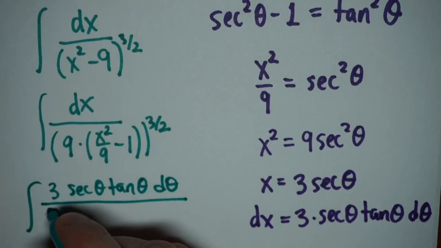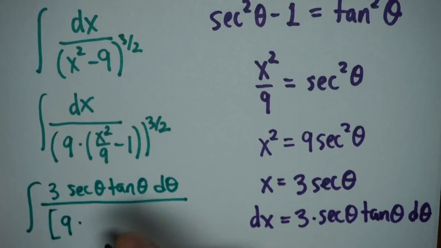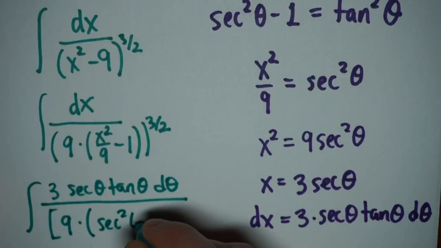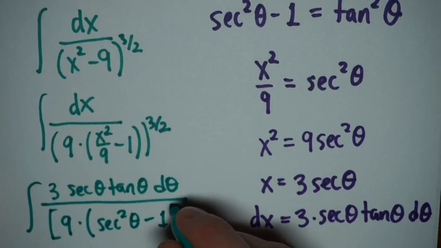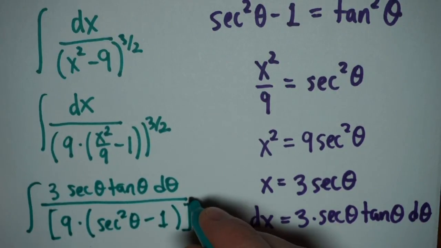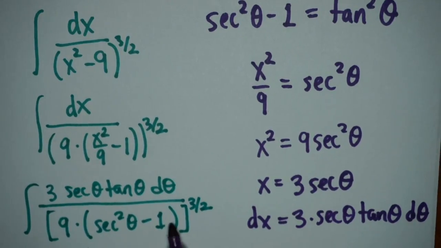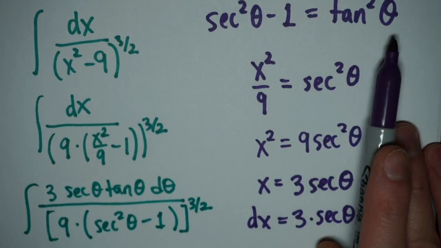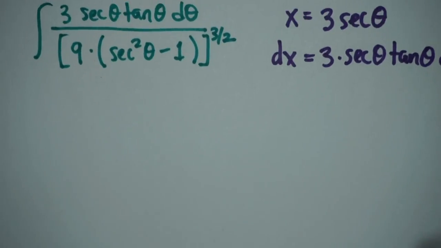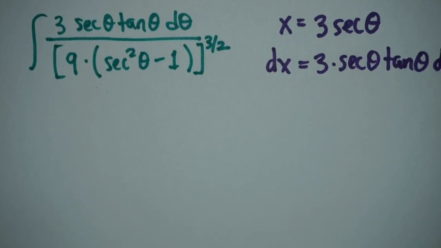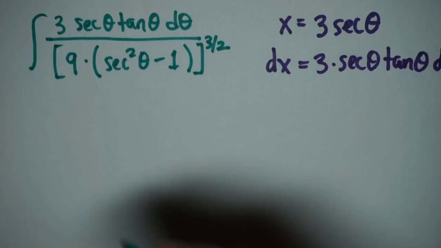Inside the 3/2 power, I will still have this 9, and then x squared over 9 is the same as secant squared minus 1, and it's all raised to the 3/2 power. And this is where we use the identity. Secant squared minus 1 is the same as tangent squared. And so we can replace it, and then we'll be able to take the actual radical, the square root, that's part of the 3/2 power.